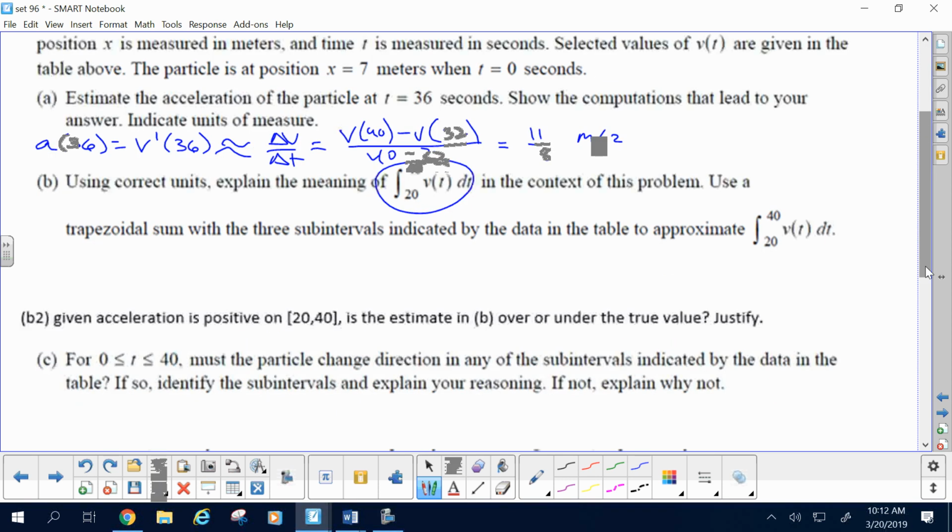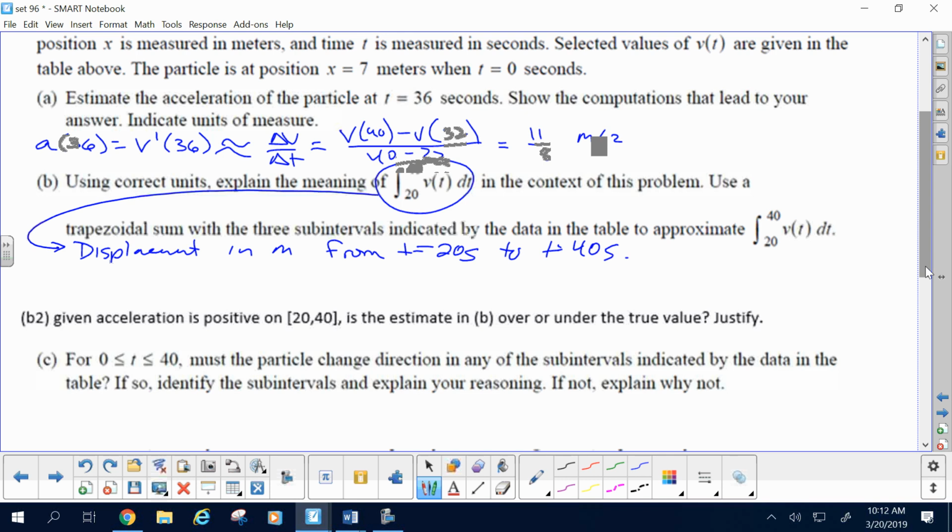Now when you go to explain any integral, explain what it is, with units, and when, with units. So this is change in position or displacement in what units? In meters, right? From when? From time equal 20 seconds to time equal 40 seconds.